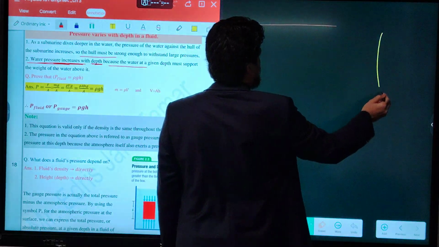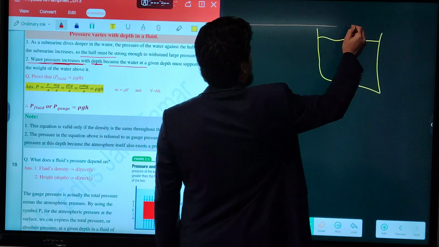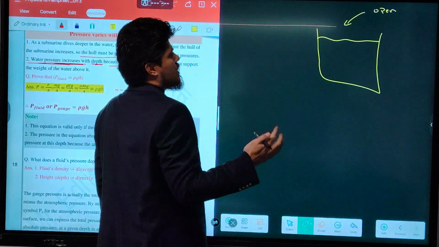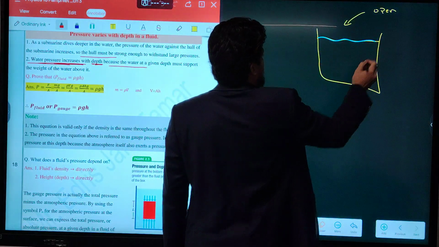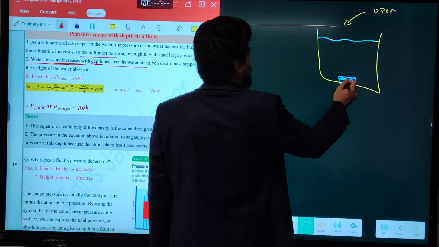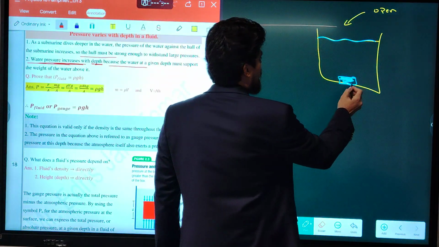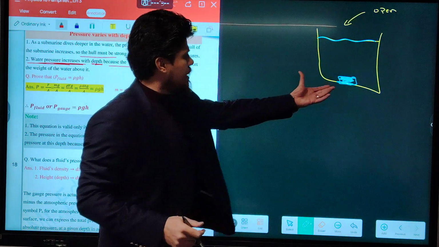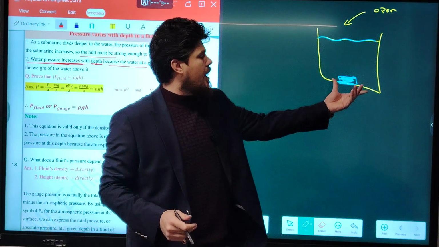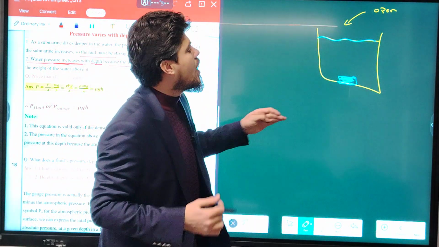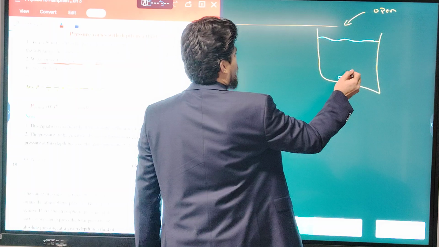Okay? But guys, look. If you have a container, and the top of the container is open, how many pressures do we have at the bottom of this container? For example, if someone stands at the bottom of the container, how many pressures are exerted on this object?